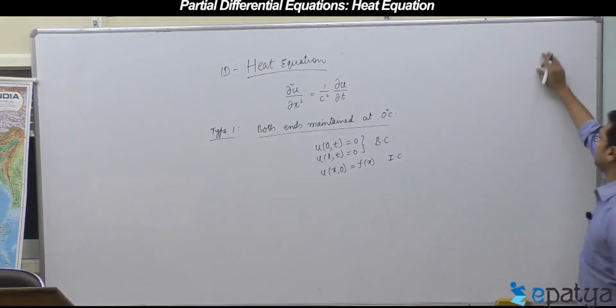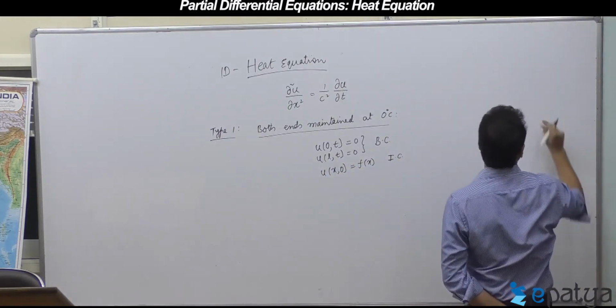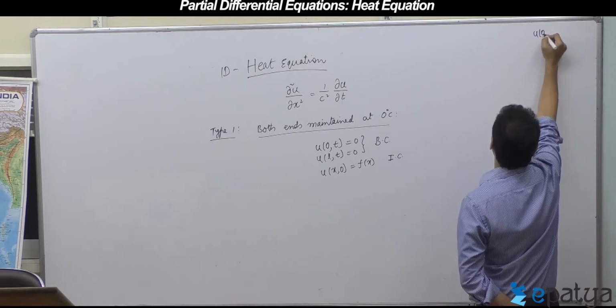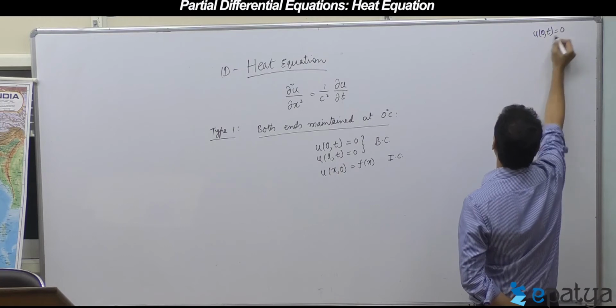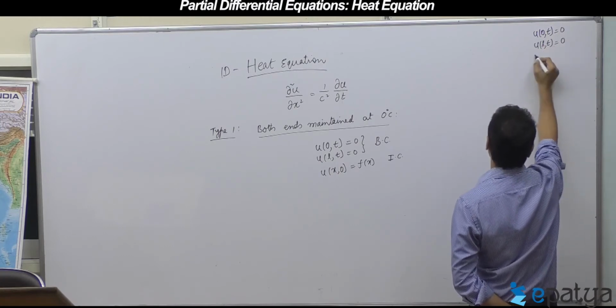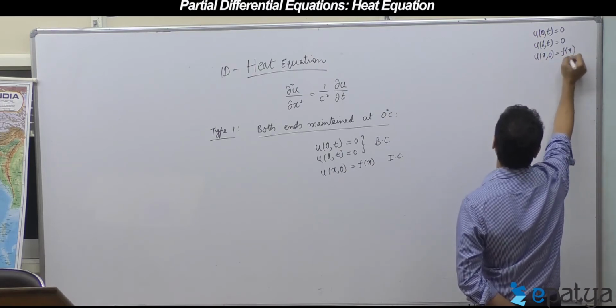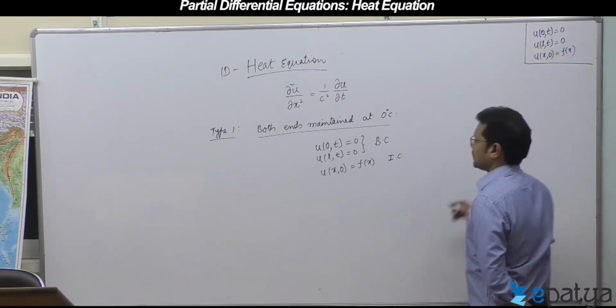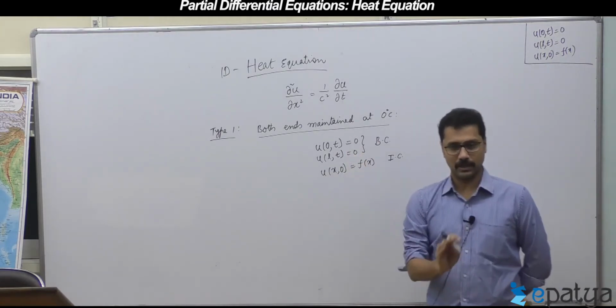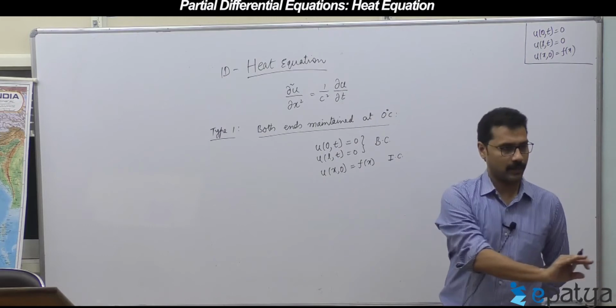Let me write these conditions here so that it does not disturb our flow. u of 0 comma t equal to 0, u of L comma t also equal to 0, u of x comma 0 equal to f of x. Not necessarily every time should it be 0 and 0; it's a very simple case being 0 and 0.